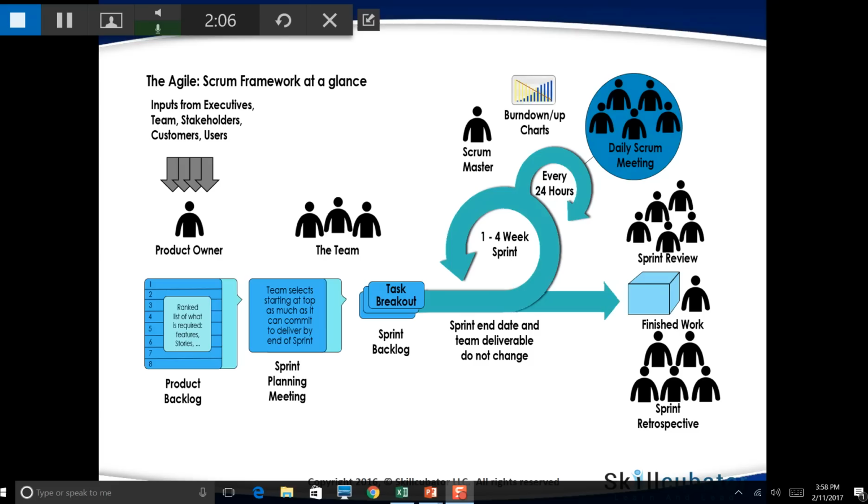Now, to explain the concept and to demonstrate the burn down chart, I will just switch back to Excel where I've created some test data and I've created some burn down charts. But in today's environment, you would be using some tools wherein the tool will create the burn down chart for you. You just have to plug in the hours and the tool will be creating the burn down charts.